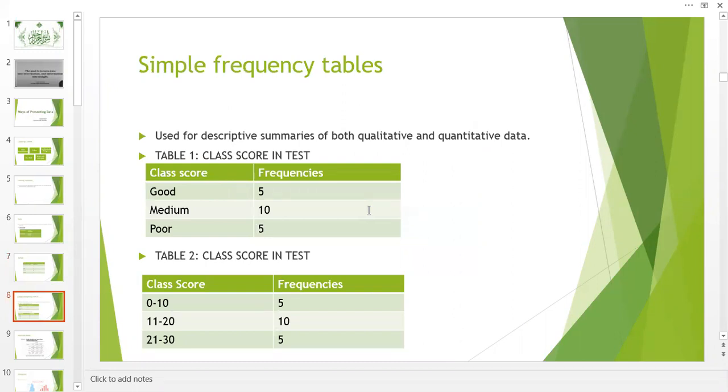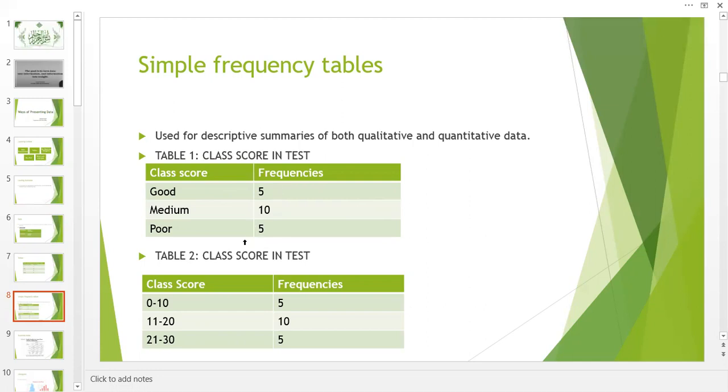Now, use of tables. Tables can be used for both qualitative and quantitative data. There is an example. If we have qualitative data, for example, class score in test can be categorized into good, medium, and poor. We can also show frequencies.